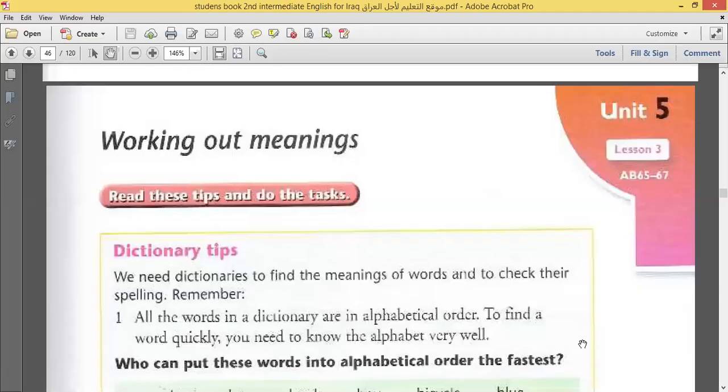If you check page 49 in your students' books, it speaks about how to work out meanings using a dictionary, and how to know the meaning of each word in a sentence, and how to know what type of word it is.